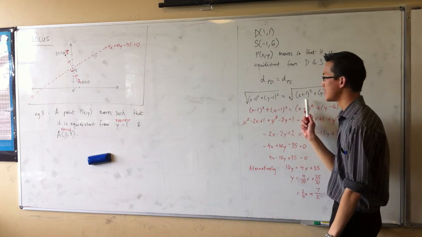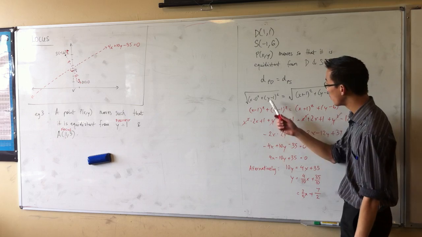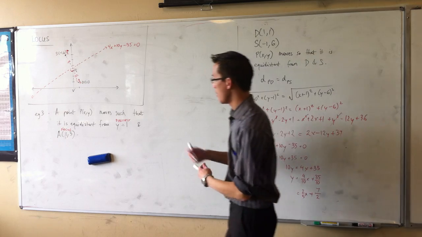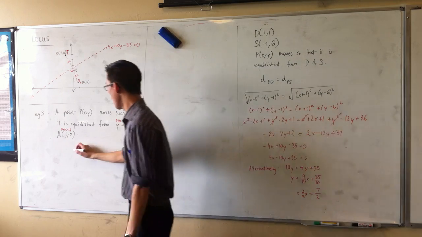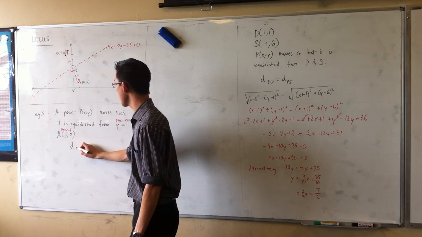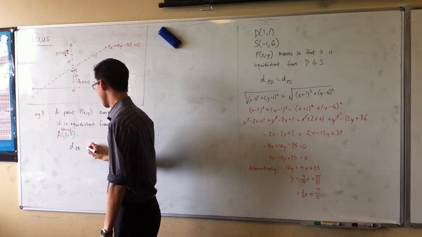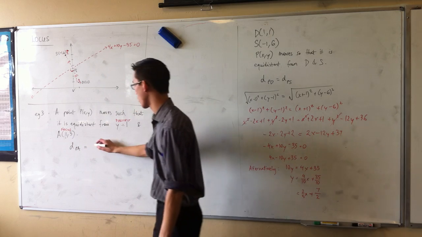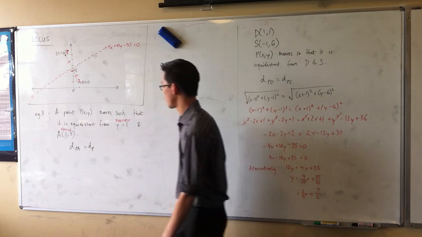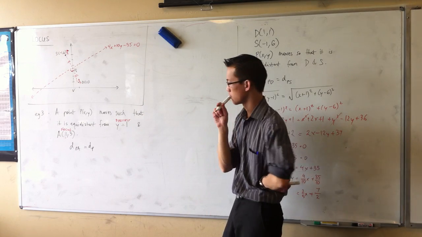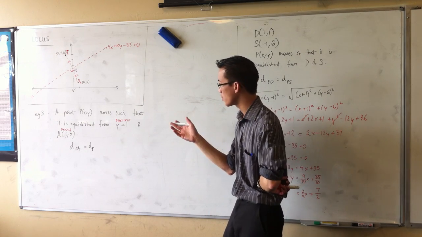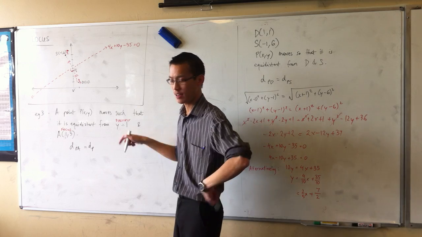Before we just had nice, easy distance formulas. And we will have one distance formula, because we're going to say the distance from P to A, this point here, should be equal to the distance from P to, okay, I probably should have given this line a name.